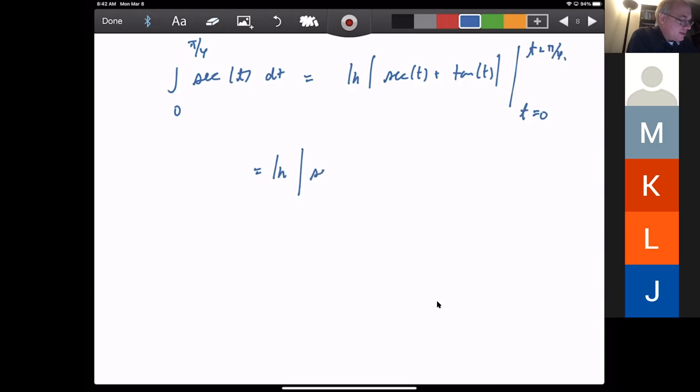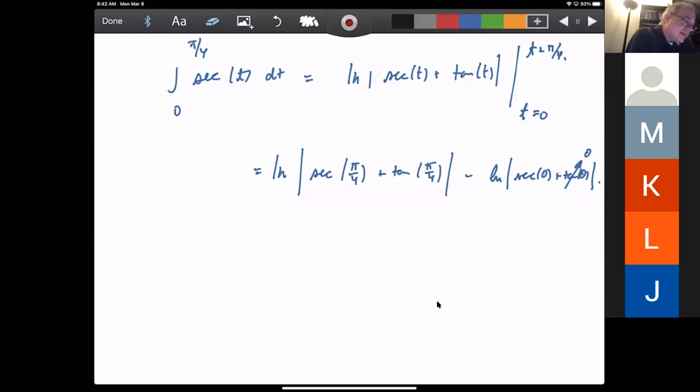Right, so we'd have natural log of secant of pi over 4 plus tangent pi over 4, and then minus natural log of secant of 0 plus tangent of 0. All right, well, tangent of 0 is 0. Secant of 0 is 1 because cosine of 0 is 1. 1 plus 0 is 1.